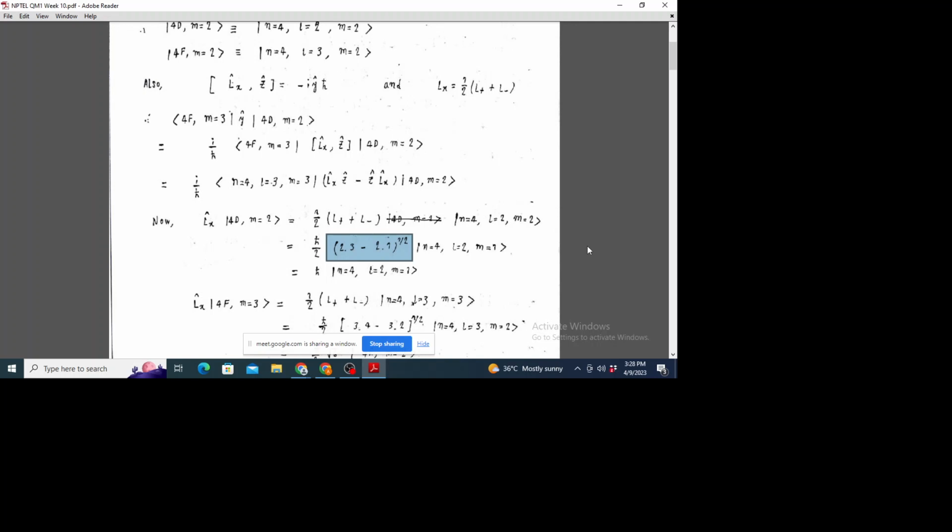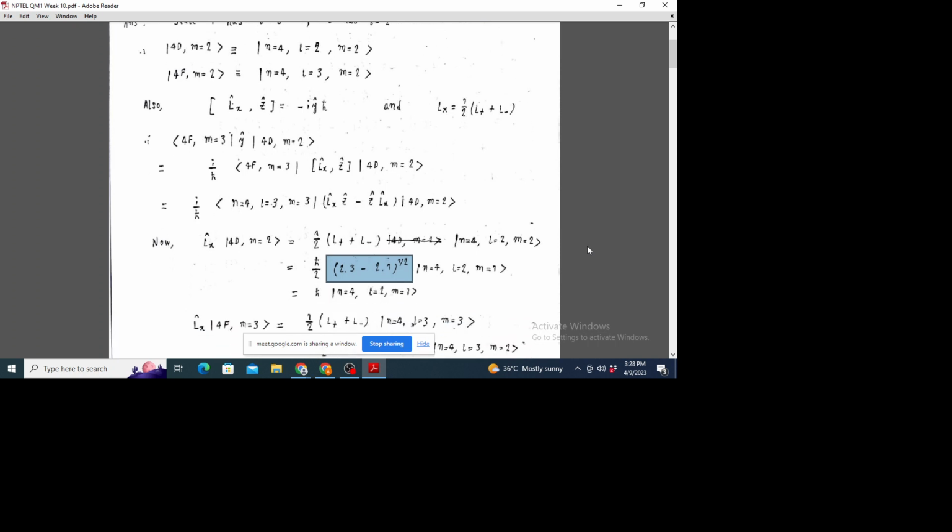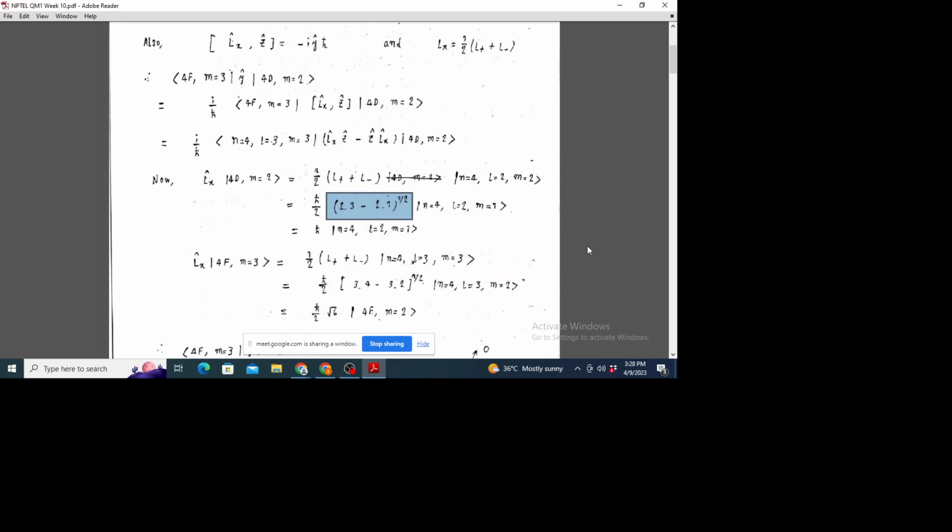In the previous 2 weeks I have discussed them. But this week I have not written the explicit formula, I have directly used that formula. So L into L plus 1 minus m into m minus 1 to the power half, and there is an h cut in front.